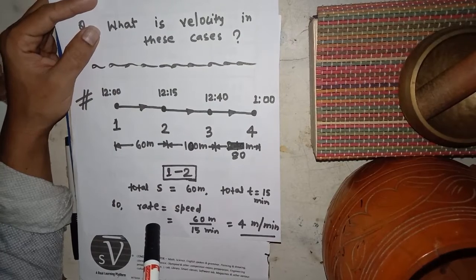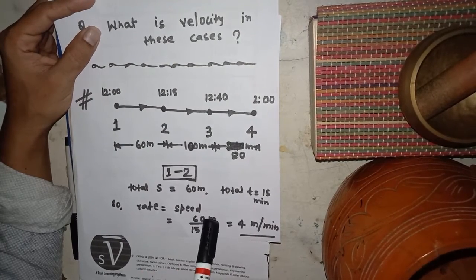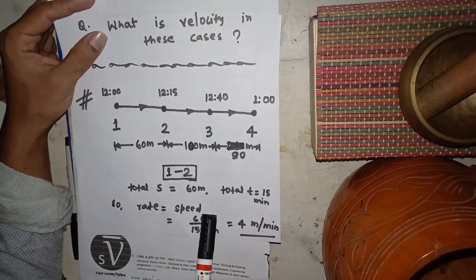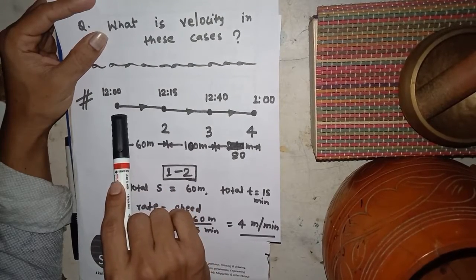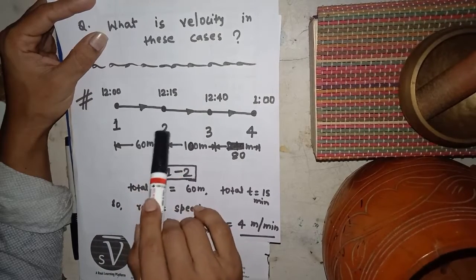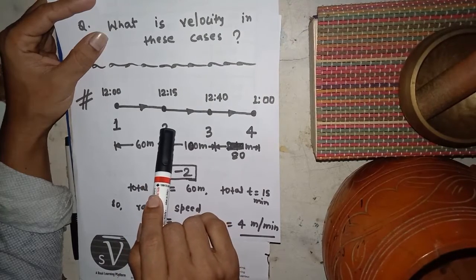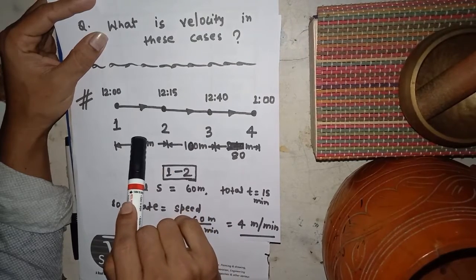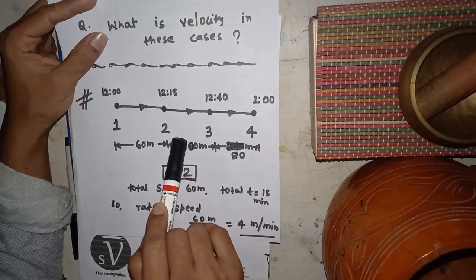So you already know that the rate gives the speed or velocity. Here speed is the same as velocity, because he traveled along the same straight road. That's why the direction is fixed. So the magnitude of velocity also gives the speed. So we don't need to bother about the direction of velocity here.